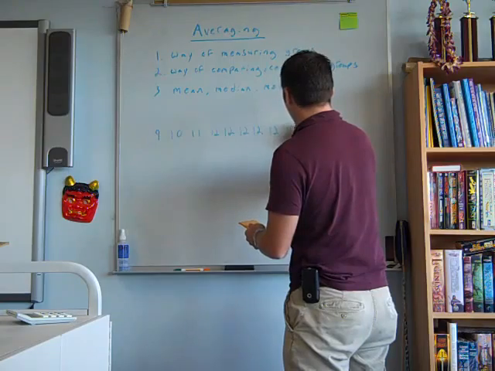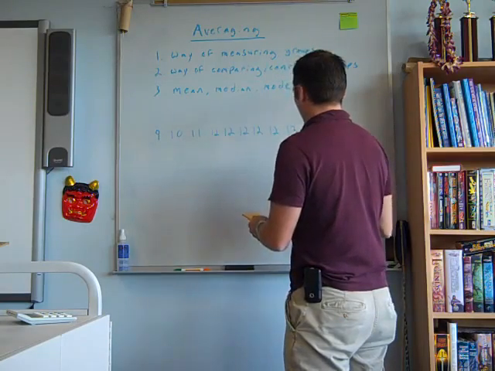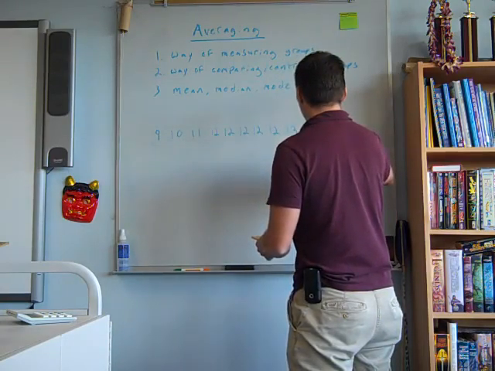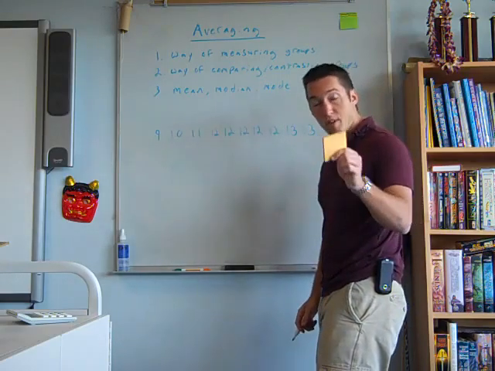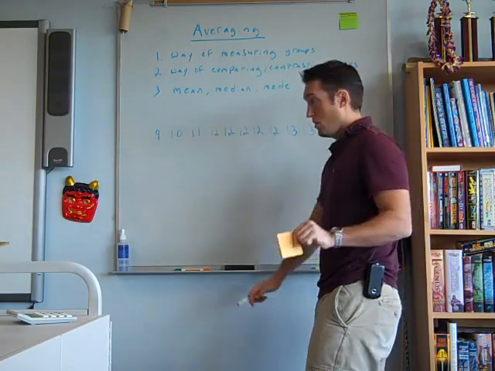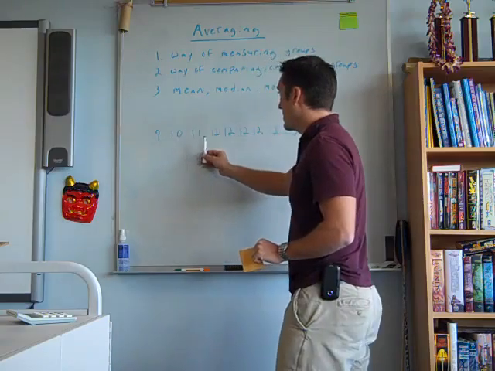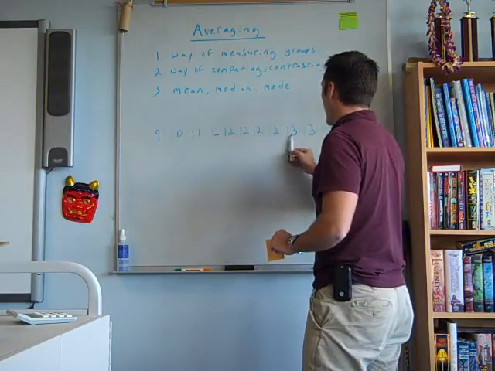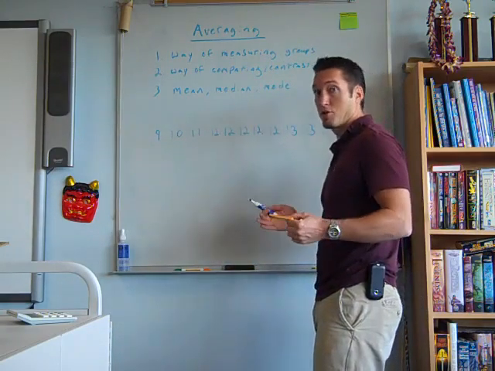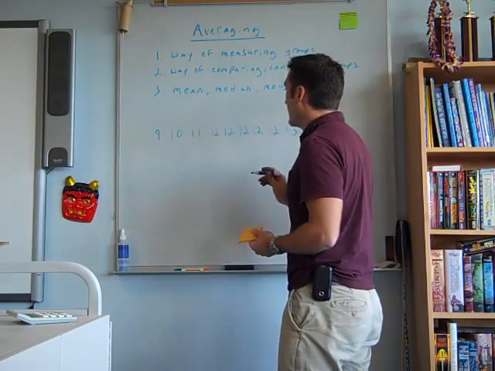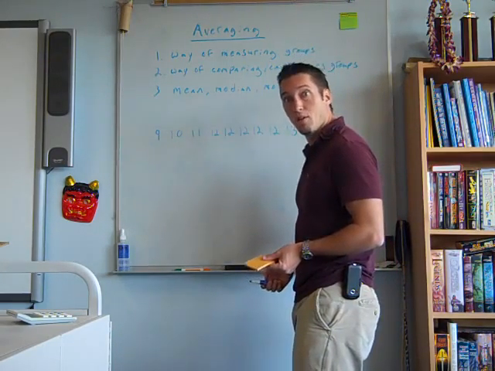We had 2 at 13, and then we had 1 at 14. Okay, so if we figure out the median, we count them all up. We have 11 measurements. The median is going to be the one in the middle.